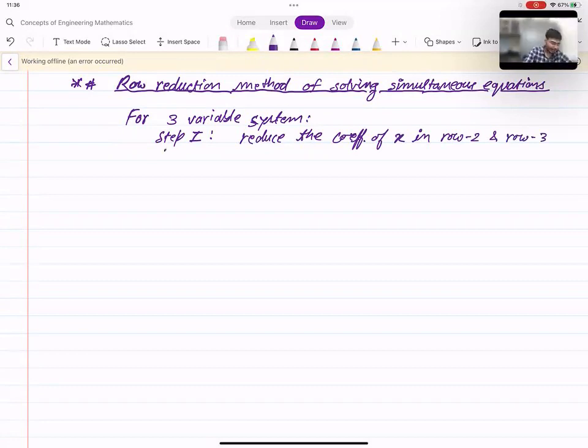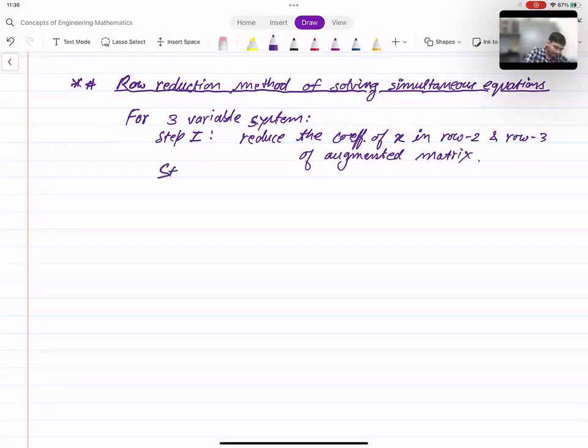And then step 2 will be to, okay, these operations we will perform on the augmented matrix here. Let me write that also. So reduce the coefficient of x in row 2 and row 3 of augmented matrix.